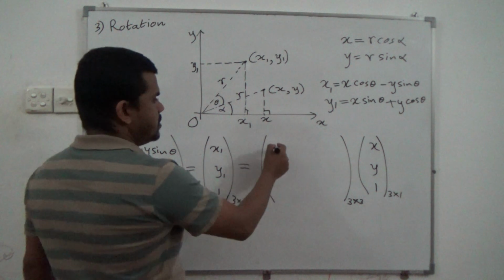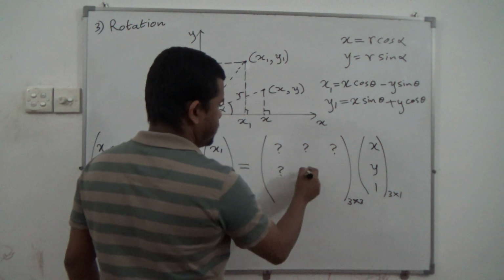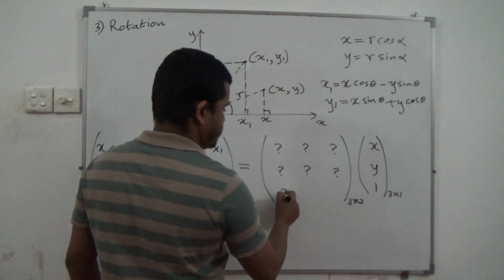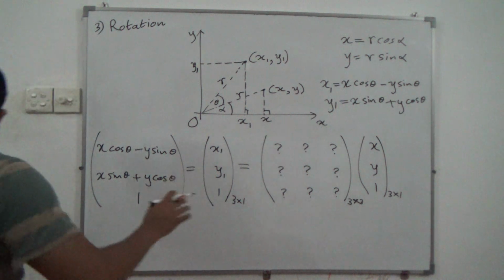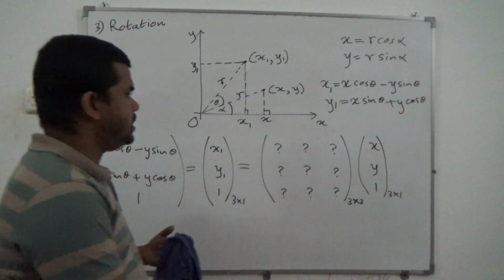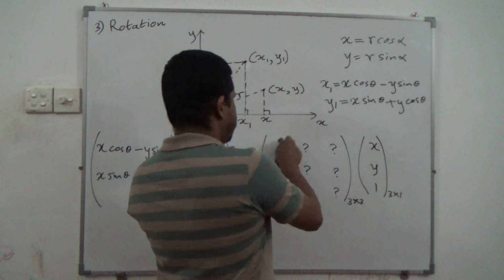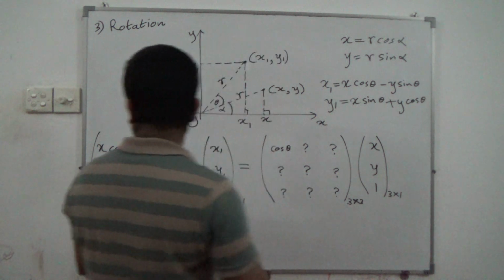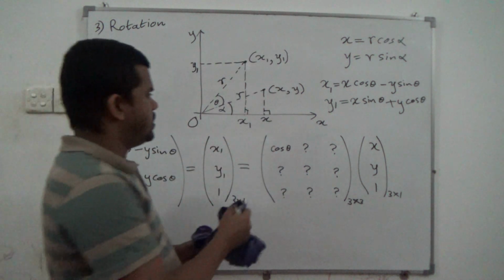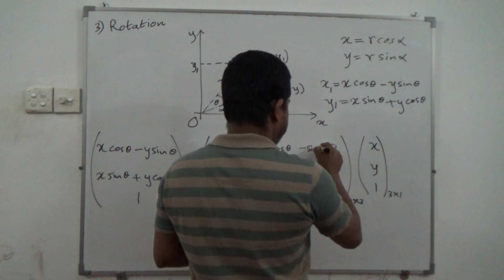Now it is a 3 cross 3 matrix. So for x cos theta, here it should be cos theta, minus y sin theta, therefore here it should be minus sin theta.